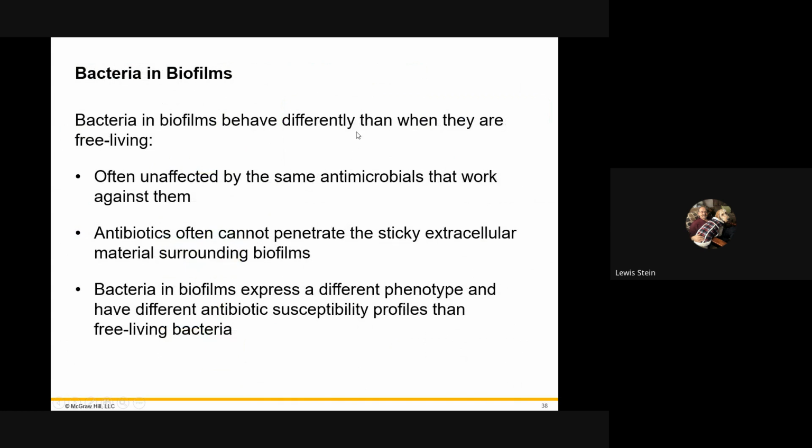Different problems. A lot of things are in biofilms. This is a classic problem that we see with implanted materials, particularly hardware. For orthopedic implants, I put in lots of pins and wires and screws and things like that, and biofilms form, even though that's made of stainless steel. And it's very hard to penetrate.